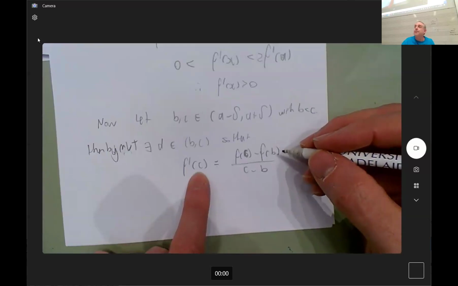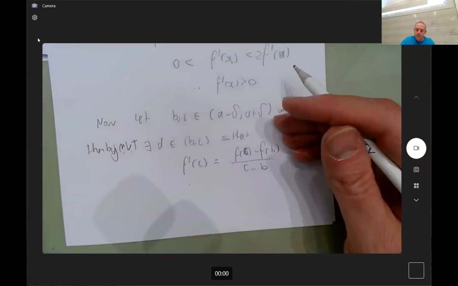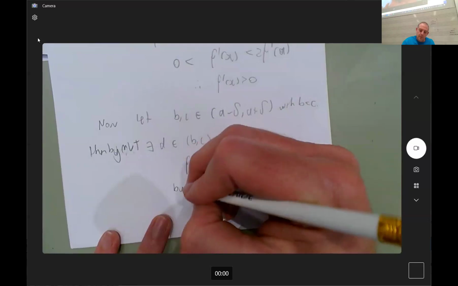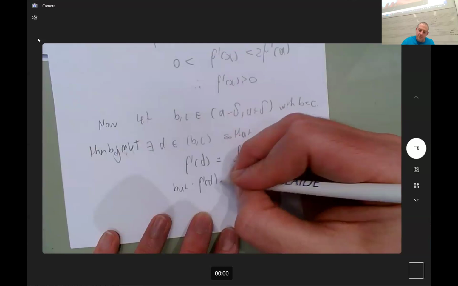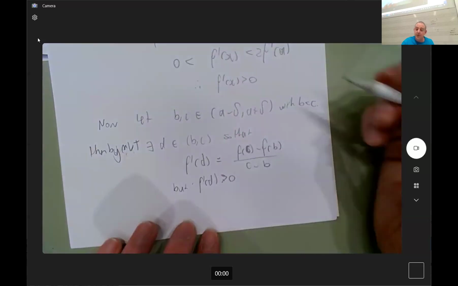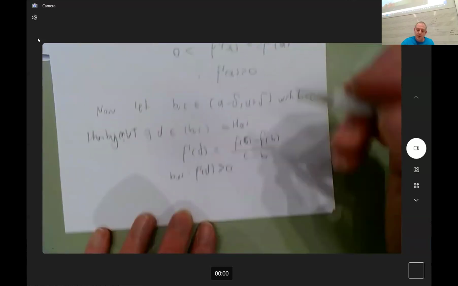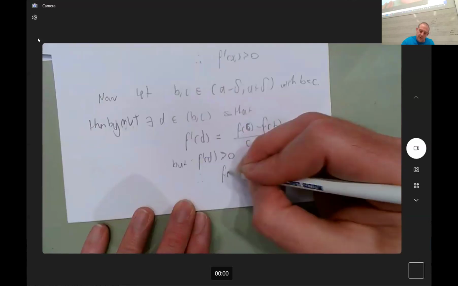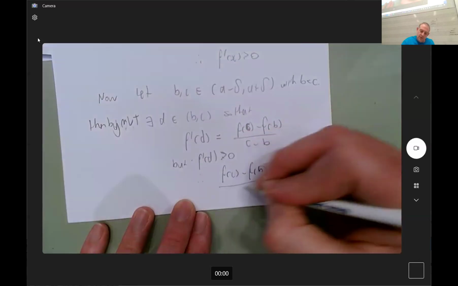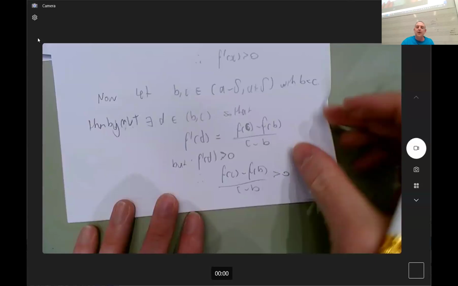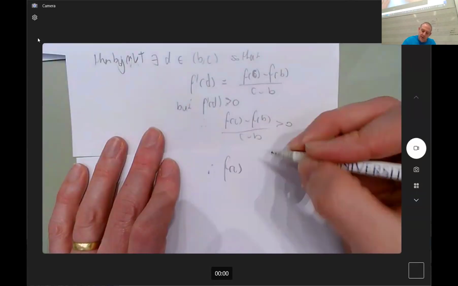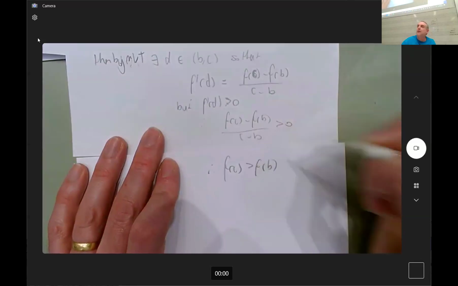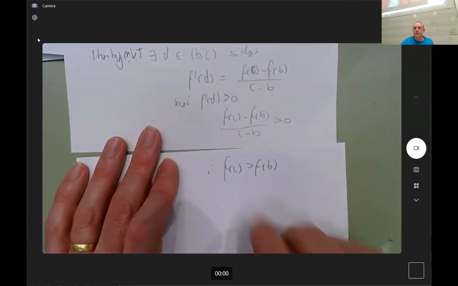Which is a positive number. F dashed of, that's not C, that's a D. F dashed of D is positive because they're all positive for everything in this spot. And so therefore f of C minus f of B over C minus B is greater than 0, and therefore f of C is greater than f of B, with two steps of working.